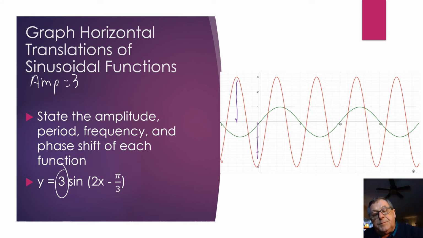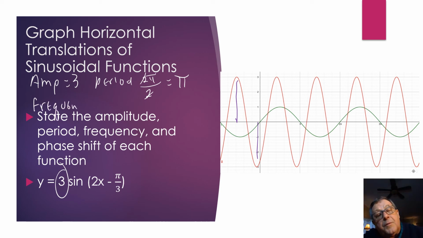How about the period? Well, the period is 2 pi over the absolute value of b, which is 2. And so my period simplifies pretty easily to just pi. Now, what about my frequency? My frequency, of course, is 1 over the period. Well, that would be 1 over pi. That would equal my frequency.